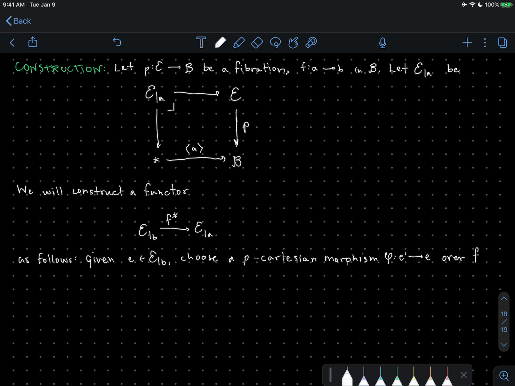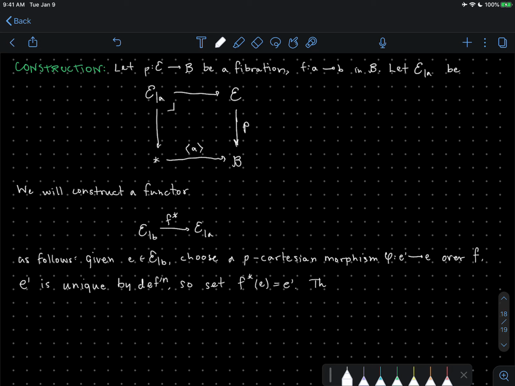And such a p-Cartesian morphism exists by the definition of a fibration. The source of this, E prime, can be shown to be unique by the definition of p-Cartesian morphisms. And so we set f upper star of E to be this E prime.